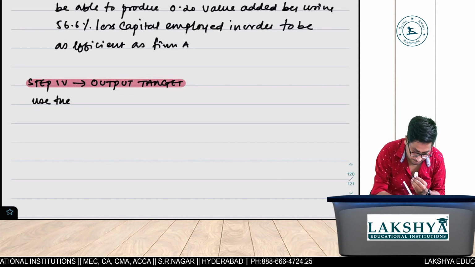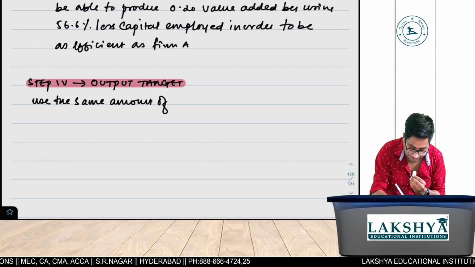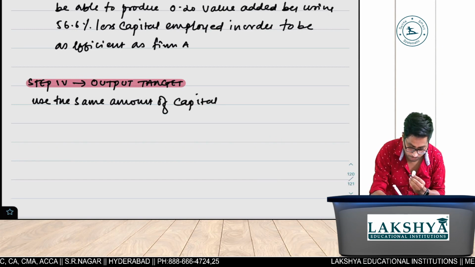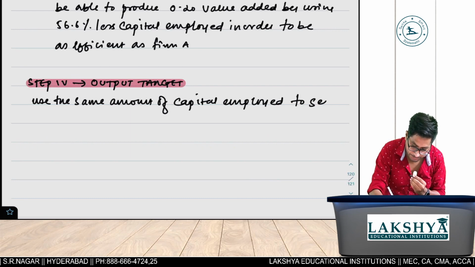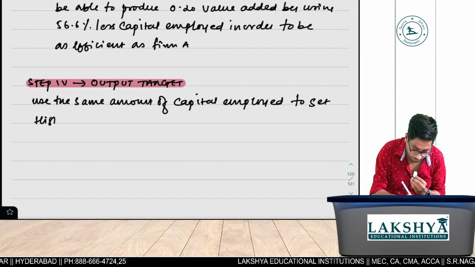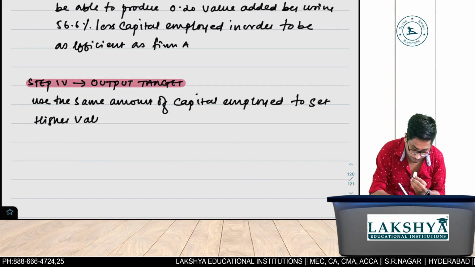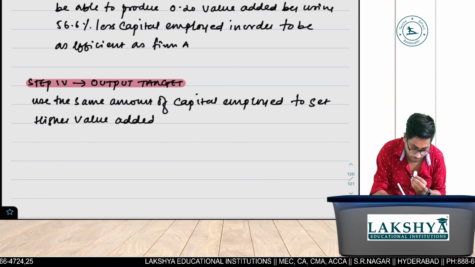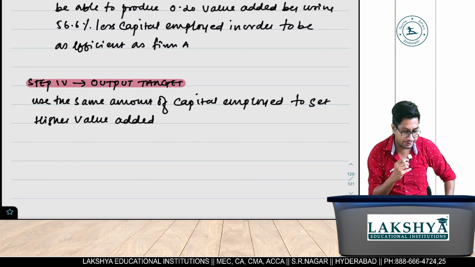Use the same amount of capital employed to get higher value added. To get what, sir? Higher value added. Clear? To get what? Higher value added.